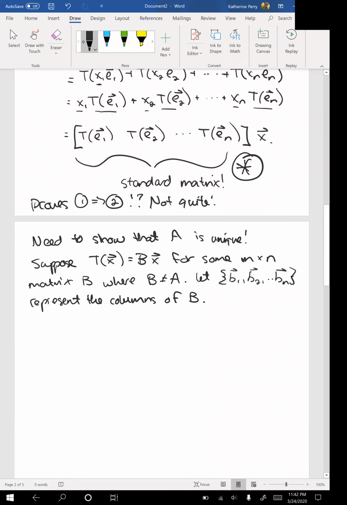And what this means is the first column of B, say B1, is equal to the first column of A, which is T of E1.